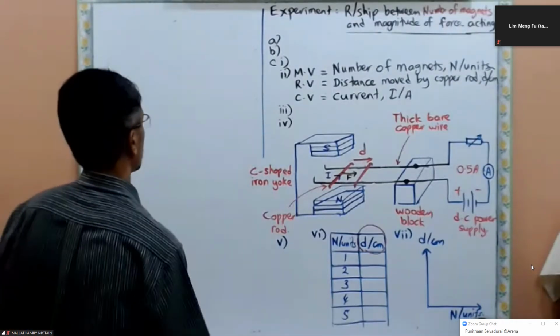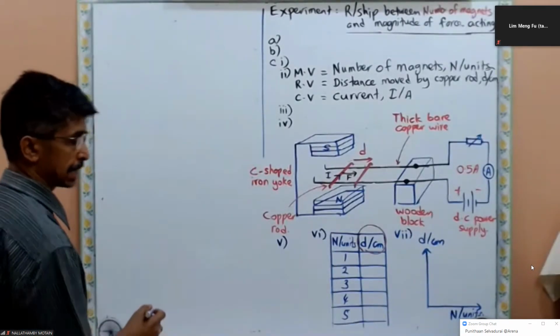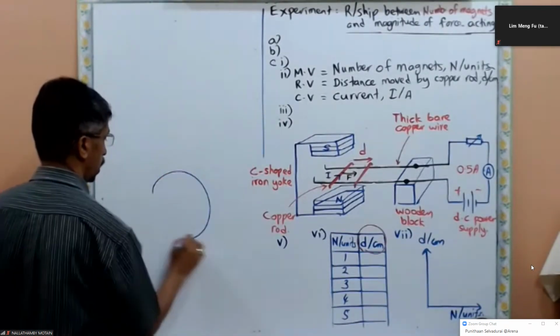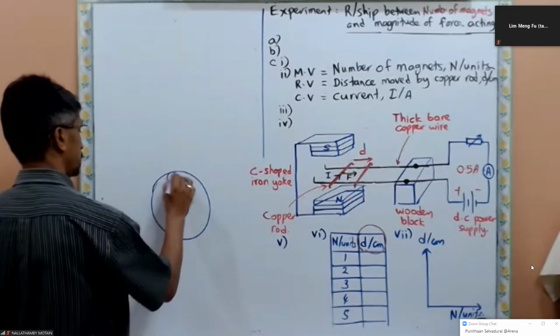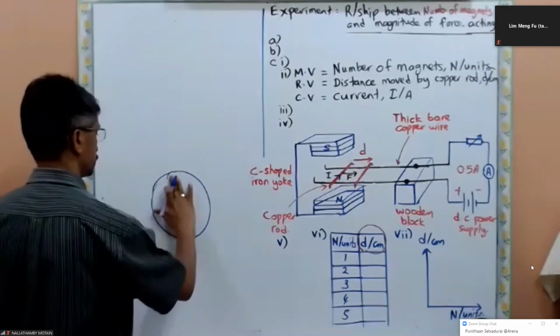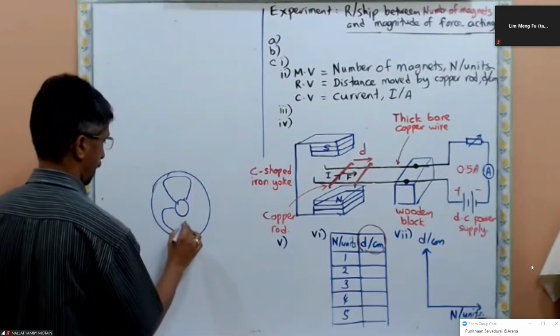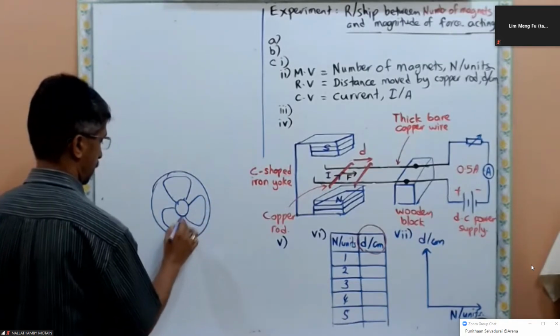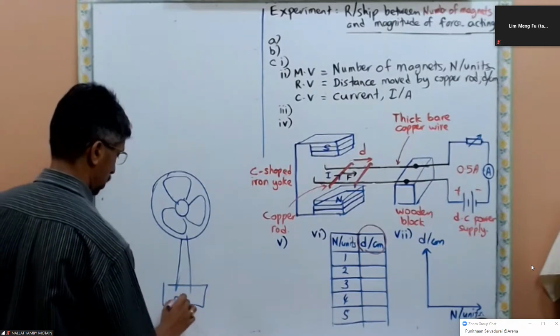Now we are going to go through turning effect on a current carrying conductor. Let's see, here is a fan. There are brakes, and there are knobs over here.